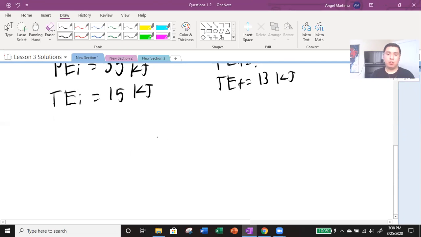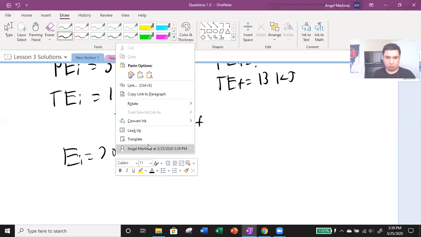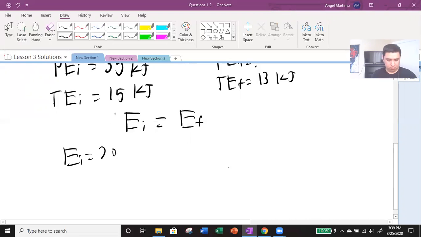So remember conservation of energy? I gave that to you in the video or in the notes in the form of the equation. EI equals EF. That means the total energy in the initial case equals the total energy in the final case. So what's the total energy in the initial case? You just add all those numbers. So EI is 20 plus 35 plus 15, which is 70.